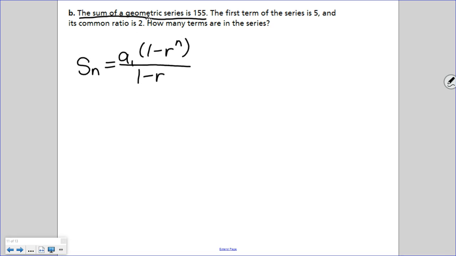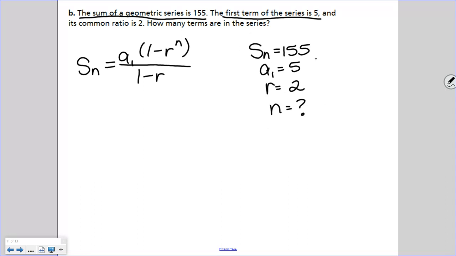It tells me the sum of the series is 155. So S sub n equals 155. The first term of the series is 5, so I know a1 is 5. The common ratio is 2. How many terms are in the series? So we need to figure out what n is.